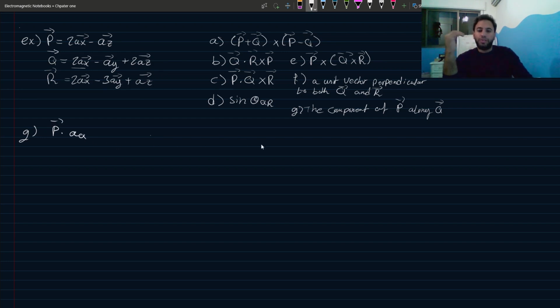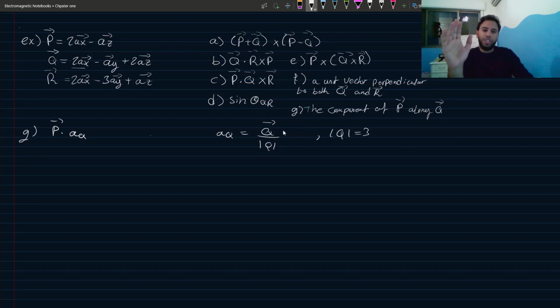And now we need to find the value of aq. To find the value of aq, we need the vector q and the magnitude of q. We have already found the magnitude of q, which was 3 above.